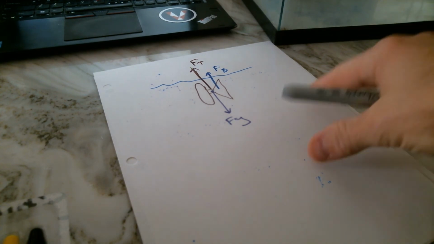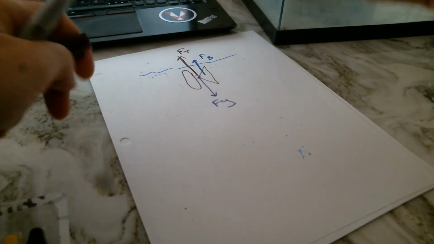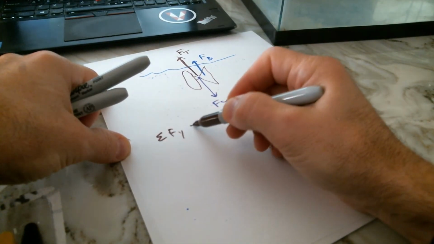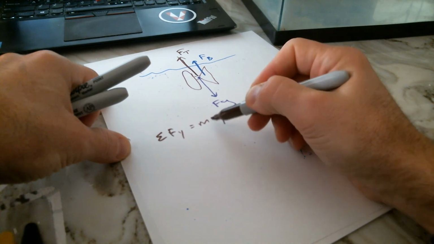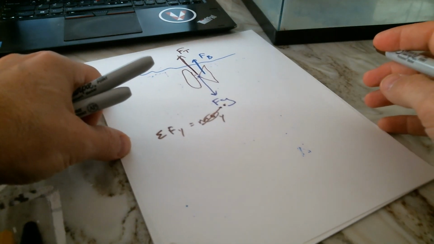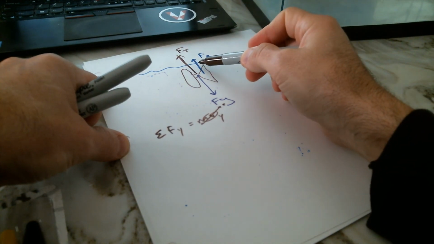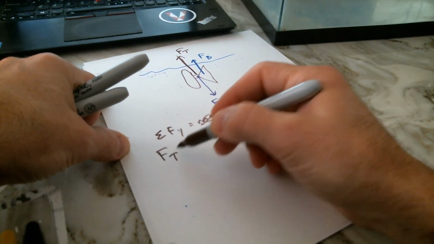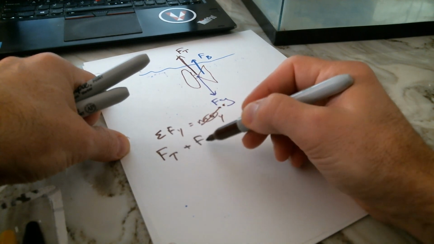All right. When it's held in place, it still is just like life. Everything adds up to nothing. The sum of the forces in the y equals ma_y will go away because it's not moving, so that equals 0. There are 2 positive forces, the 2 that are up, tension and buoyancy.